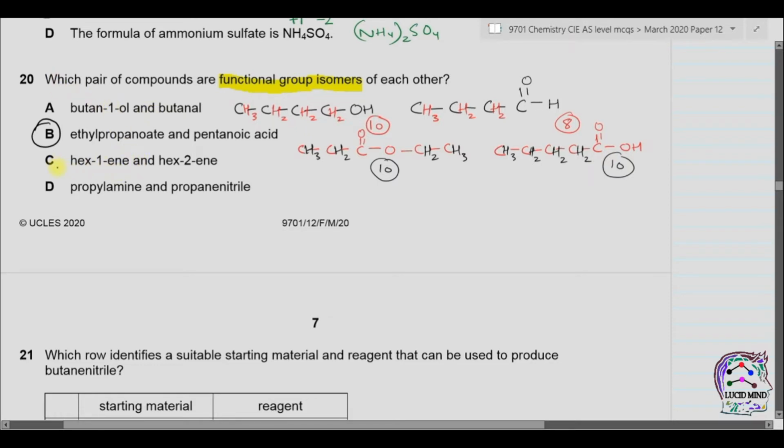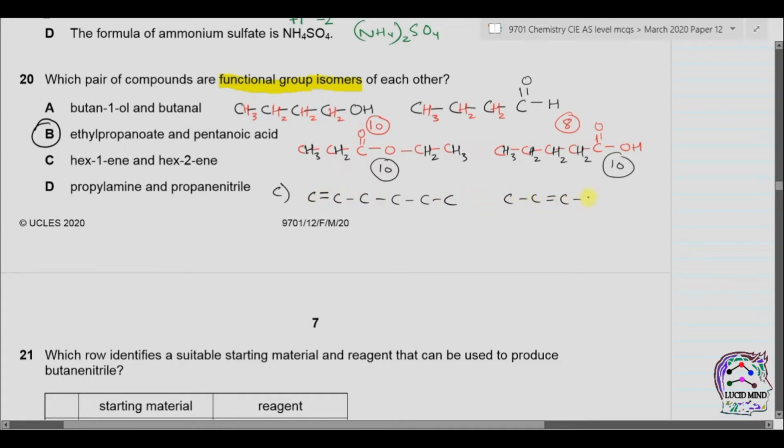Now let's see how part C goes. It says hex 1-ene and hex 2-ene. So hex 1-ene means that the double bond is in between the first and second carbon atom. This is hex 1-ene.